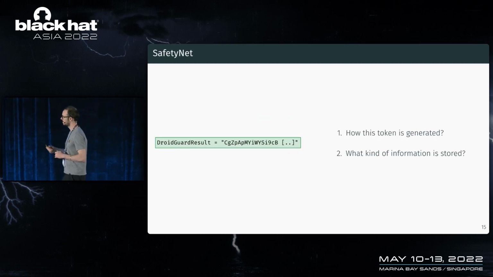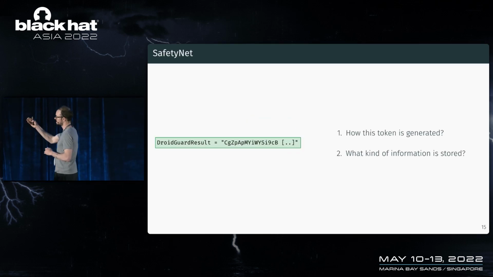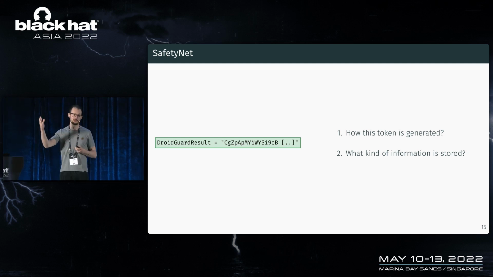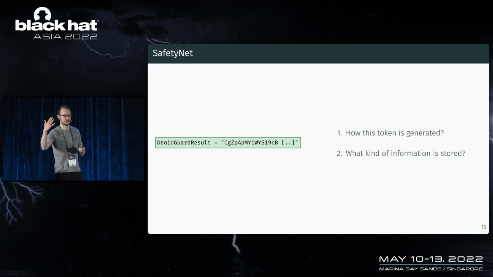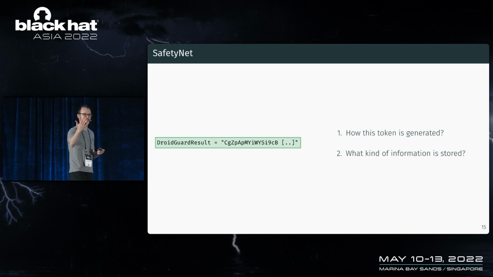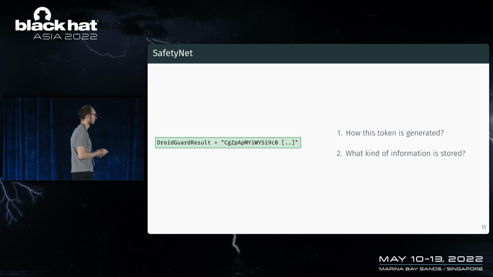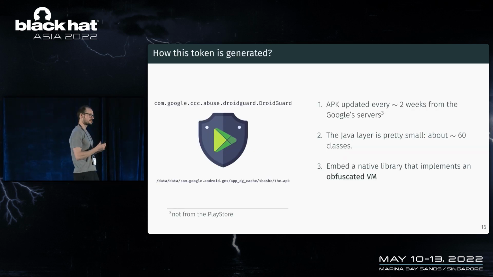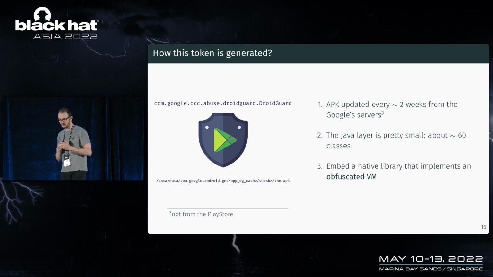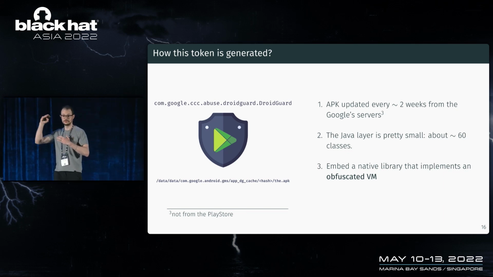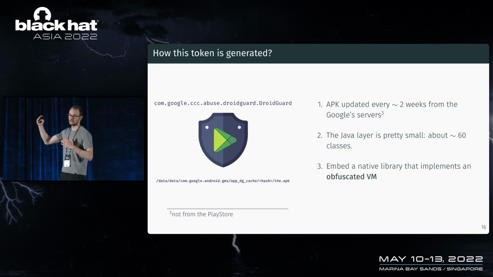So the question now is how this value is actually generated through DroidGuard and what kind of information it contains. As I said quickly just before, DroidGuard runs in a different process than GMS core.